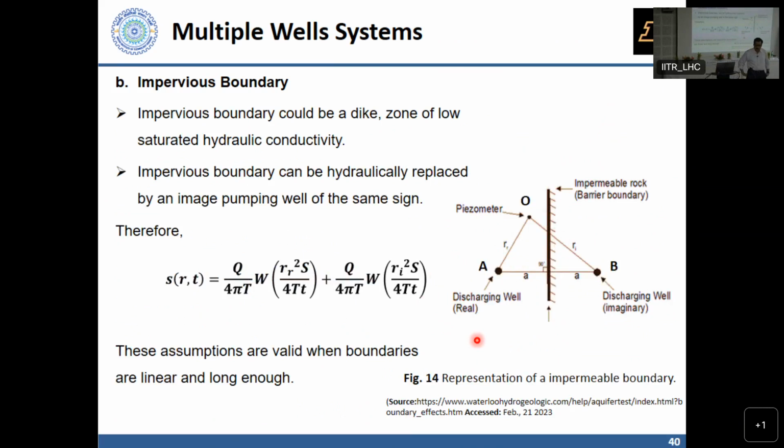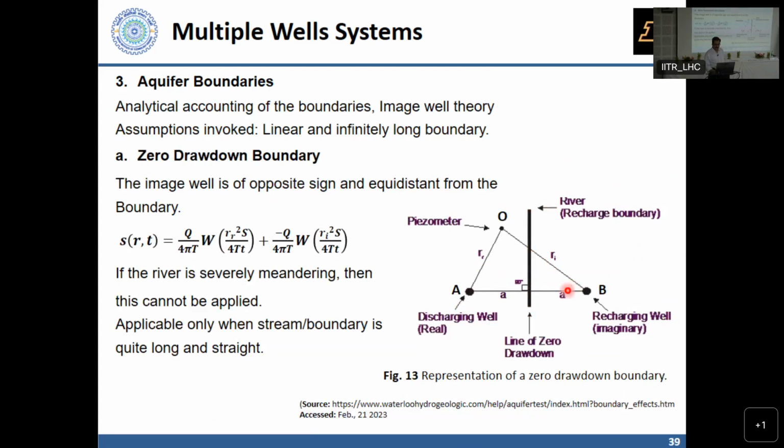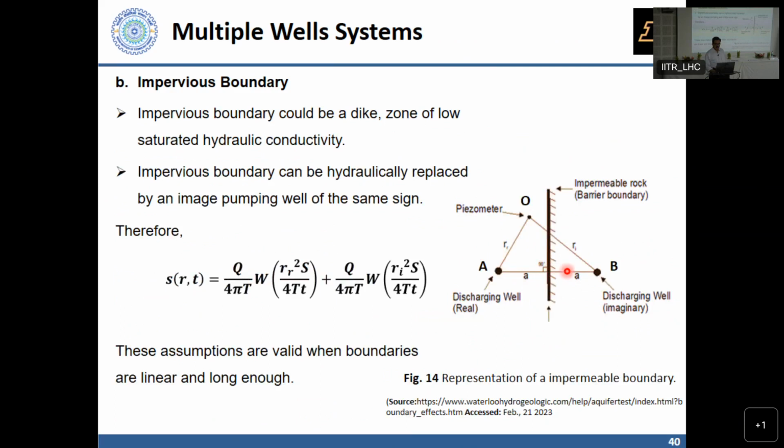Any other questions? Can anybody tell me why, when I put the image well as the same sign as the real well? Okay, for this one, is it clear to everybody why having the image well as an opposite sign essentially makes this a zero drawdown boundary? Injection. What's that? Injection. We are adding water. Yeah. I want to know why, if the image well is the same sign as the real well, I'm simulating an impervious surface over here.